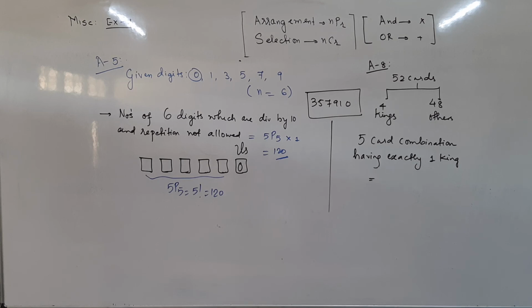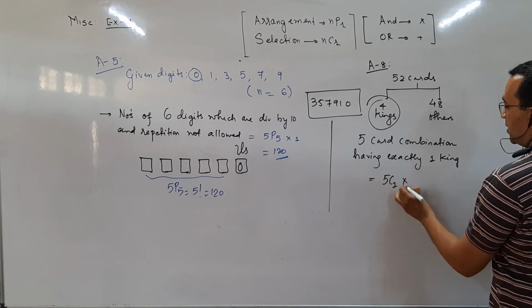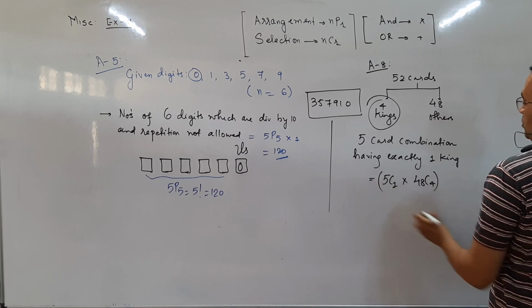You know, in a pack of 52 cards, we have 4 kings, one of each suit. We have 4 queens. We have 4 jacks. And students, we have 4 aces. So my 5-card combination must have exactly 1 king. So out of 4, 1 king can be selected in how many ways? The answer is 5C1, and 4 other cards, so 48C4.